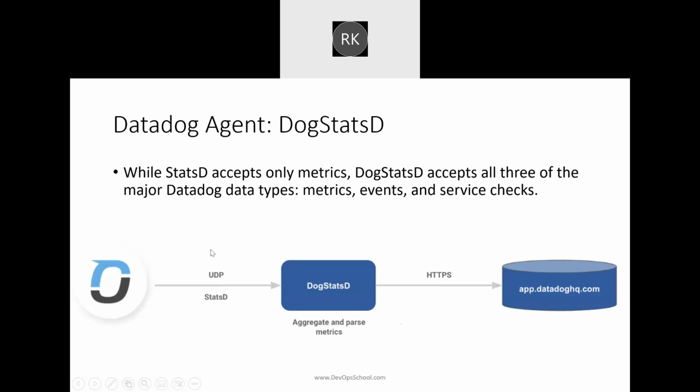So now you see that from any application, through UDP, you send to DogStatsD, which is a part of the agent, and DogStatsD will send to Datadog. While StatsD accepts only metrics, DogStatsD accepts all three of the major data types: metrics, events, and service checks. They have added a capability.